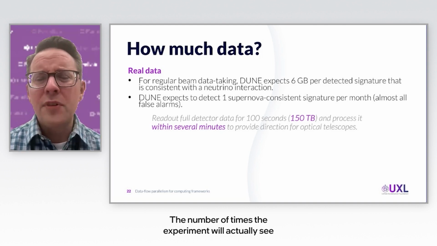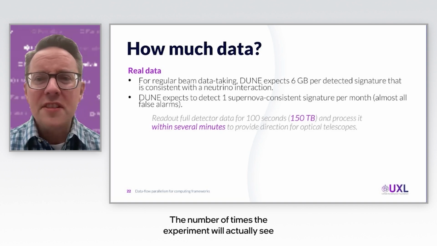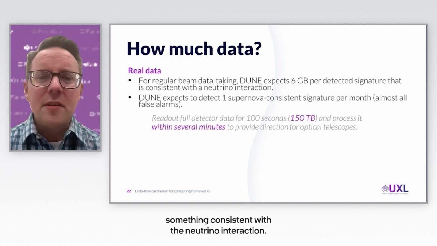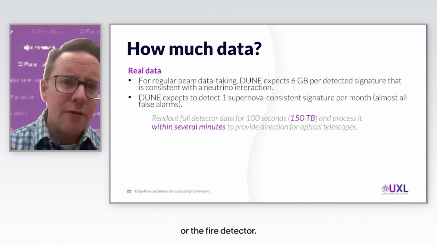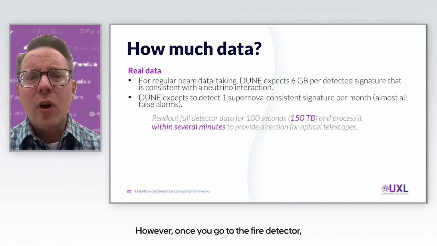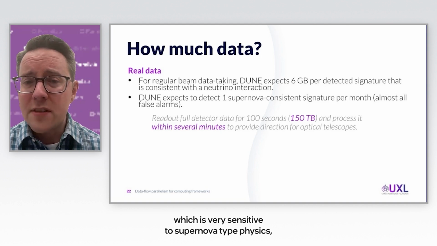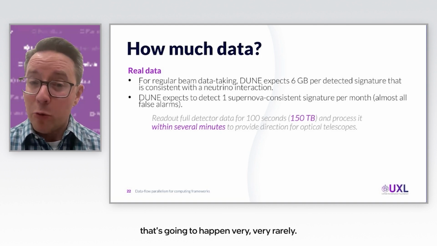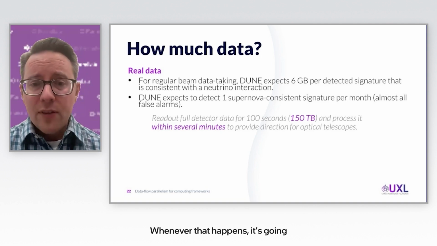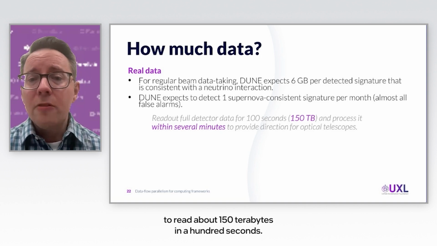The number of times the experiment will actually see something consistent with the neutrino interaction depends on if you're looking at the near detector or the far detector. However, once you go to the far detector, which is very sensitive to supernova type physics, that's going to happen very, very rarely. Whenever that happens, it's going to read about 150 terabytes in 100 seconds.